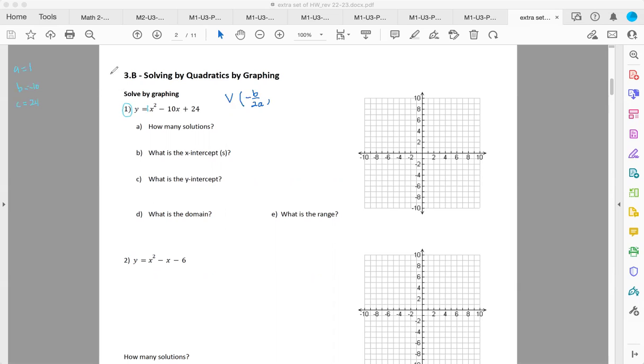So to find the x value of the vertex, which is negative b over 2a, it's the opposite of b divided by twice a. The opposite of b is negative negative 10. Over 2a is twice times 1, which is going to be 10 over 2, and that's 5. So the x value of the vertex is 5. That's the x value of the vertex.